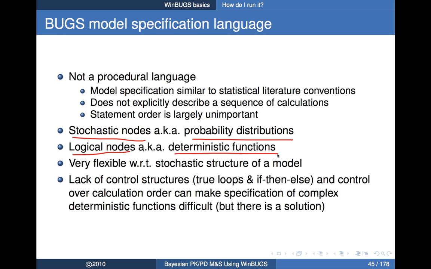Logical nodes would be deterministic functions. So it makes a distinction, and we'll see that distinction more clearly when you see the notation. One nice thing about BUGS is it's very flexible with respect to the stochastic structure of a model. So those of you used to using NONMEM, you're aware that you're pretty much restricted to 2 levels of random variation.